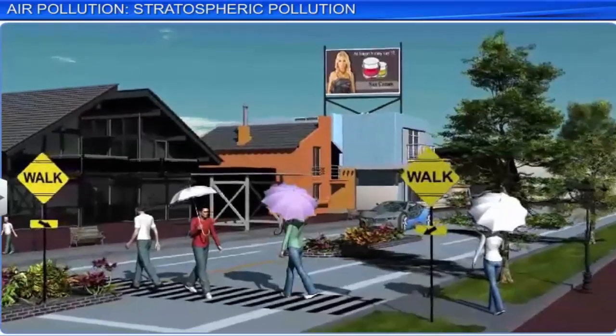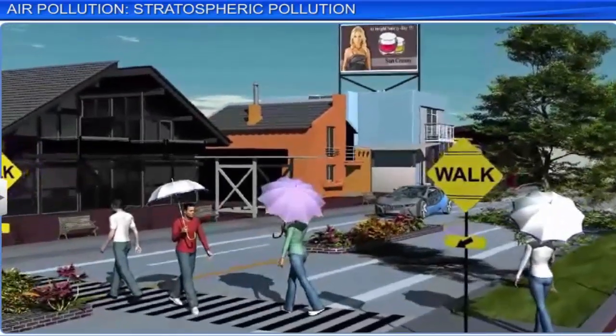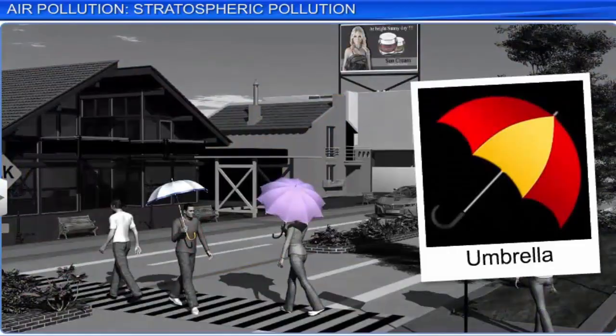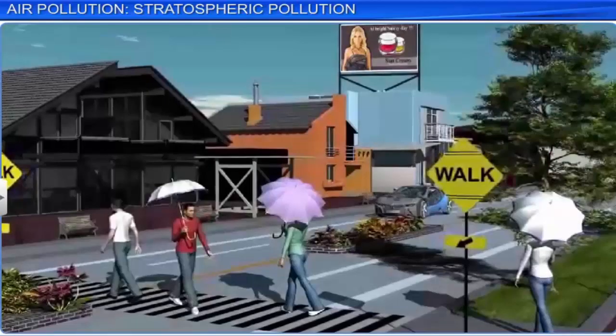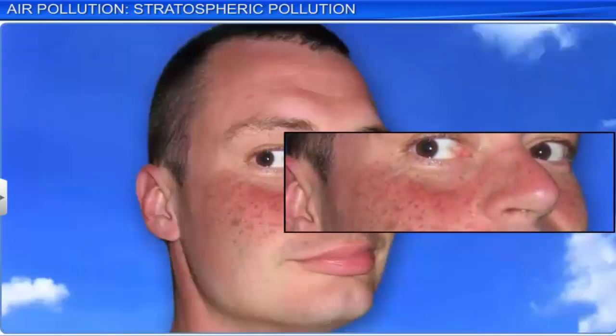On a sunny summer day, we usually carry an umbrella or use a sunscreen. Do you know why? To an extent, we all can see the harmful effects of the sun's rays.